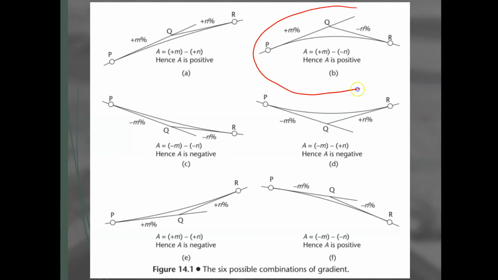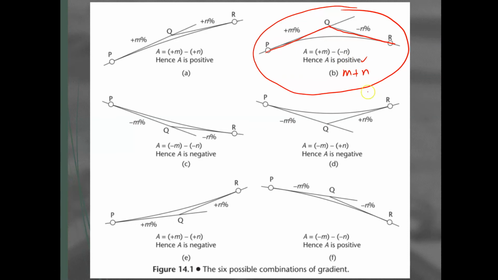If we have a crest curve that goes m% positive, then minus n% going downhill, the algebraic difference is basically m minus, this is a minus, so it becomes positive. So in effect it's m plus n.